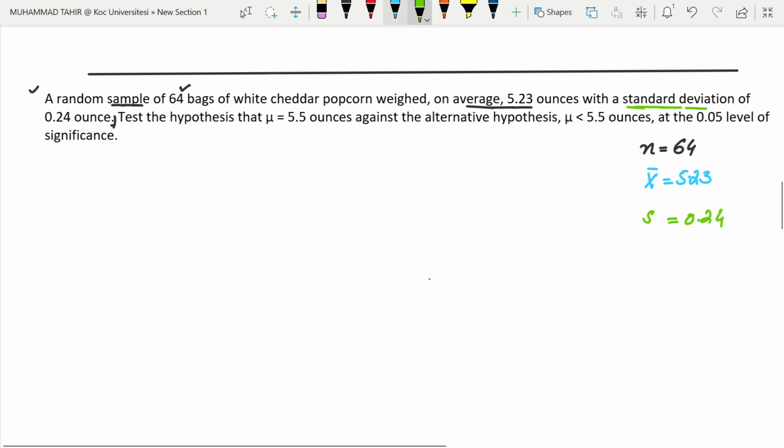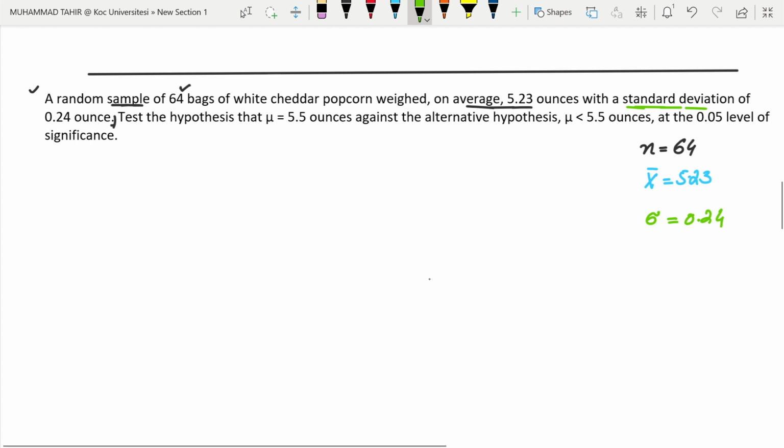But notice that N is greater than 30, so I can use the Z distribution. If I'm using the Z distribution, I can write sigma in place of S, because in the Z transformation I have x bar minus mu divided by sigma, not S. That's why I have written sigma here.